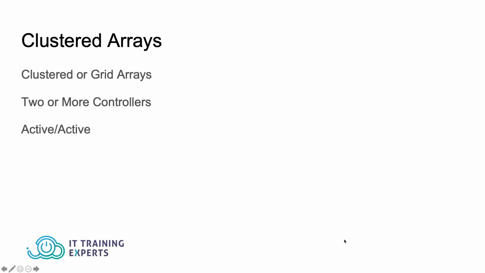So it's a true active-active solution, meaning you can load balance as you add controllers to the environment. It's much easier to load balance your workloads in a clustered array.